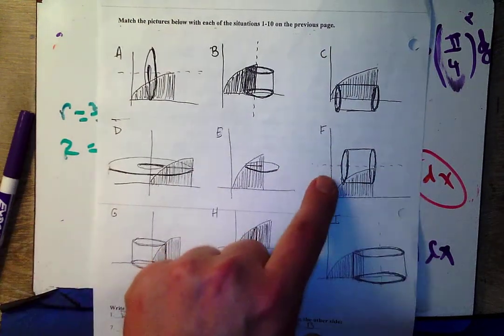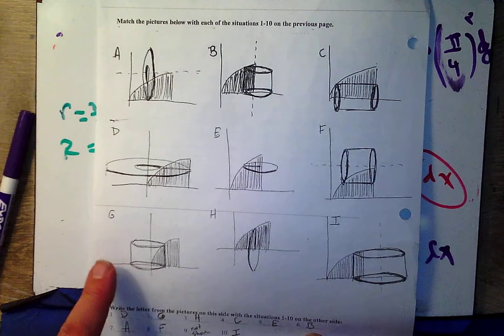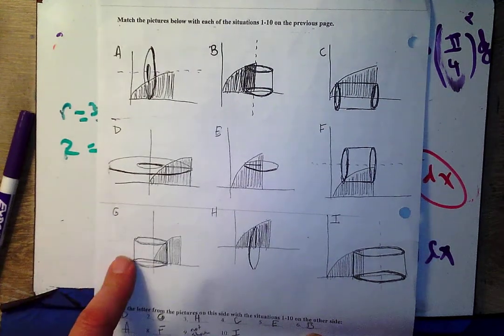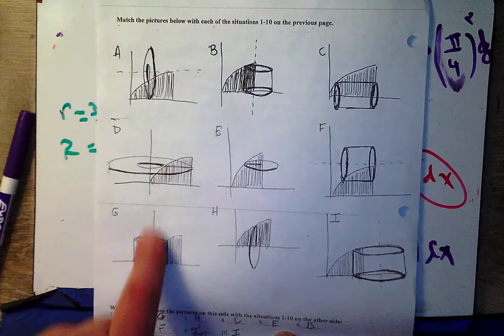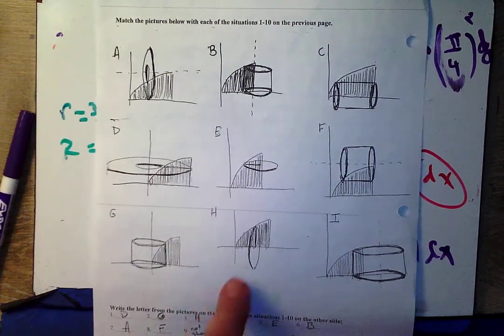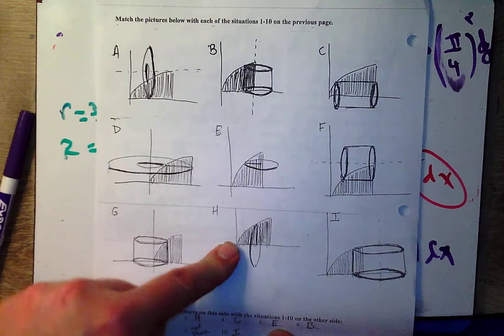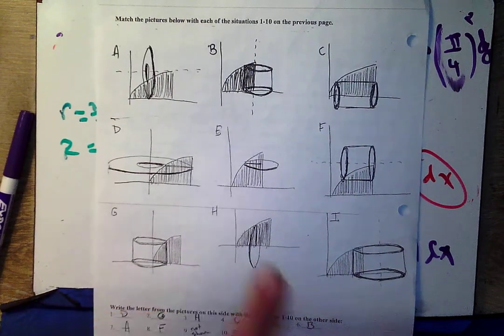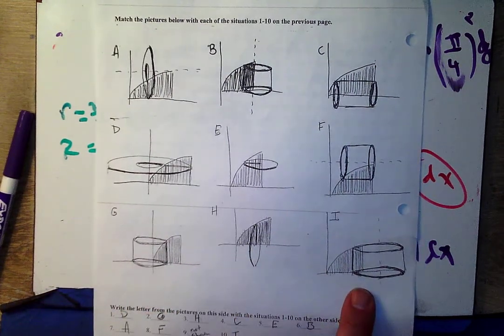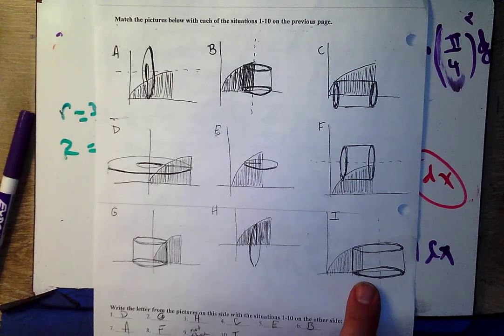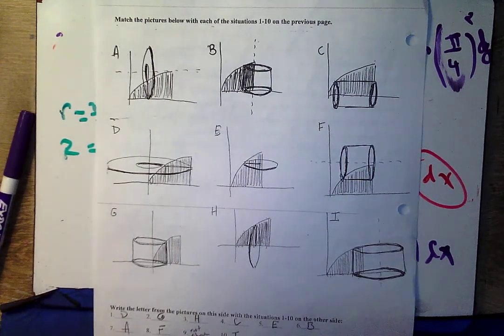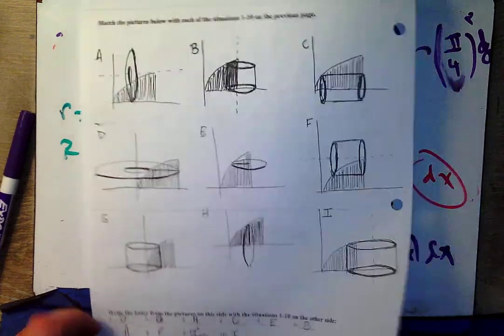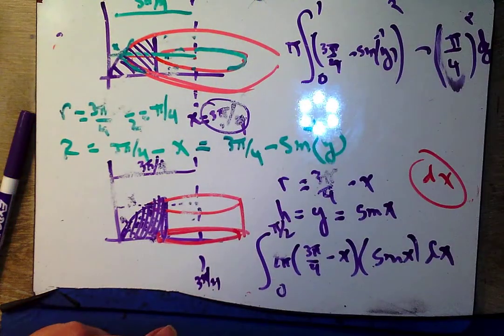F is 8. I just saw that one a moment ago. G, well, this must be 2, right? Because that's us spinning around the y-axis again. H is number 3. I is the one we just did, and this is number 10. And the one that's not shown is number 9. I've already drawn number 9 for you, so you should be able to draw that now yourself.